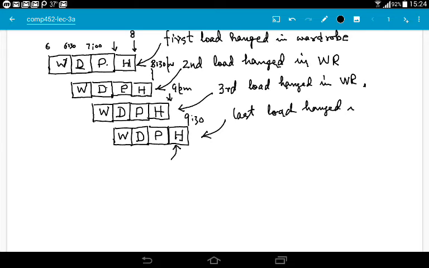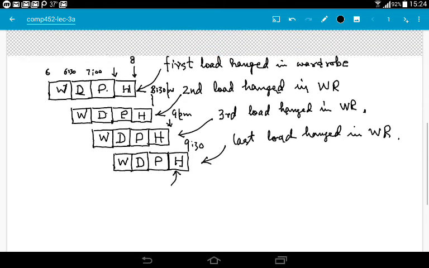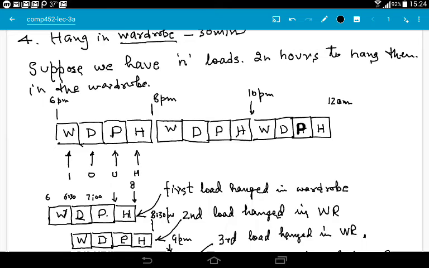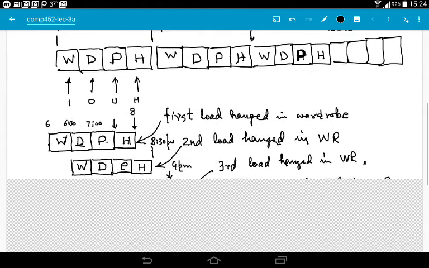Now see, if you were doing it in the old style, washing 4 loads would have taken you up to 2 a.m., or 8 hours.